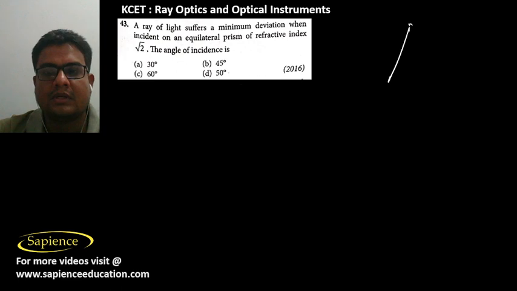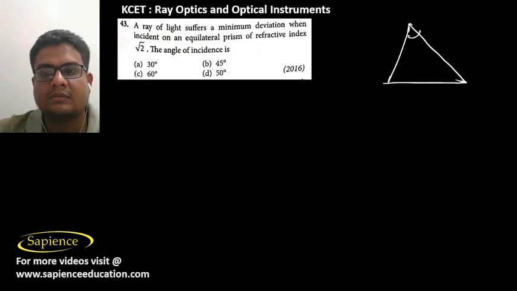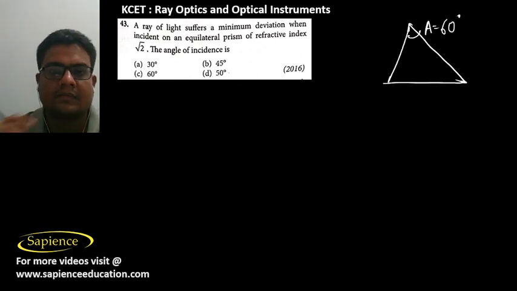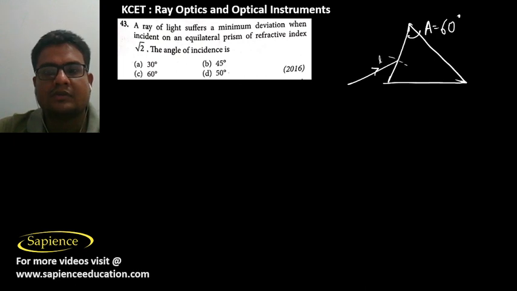Equilateral prism means the angle of the prism is 60 degrees. A ray of light suffers minimum deviation. The angle of incidence, how much is asked?